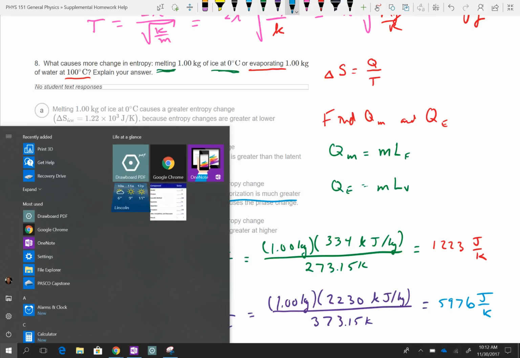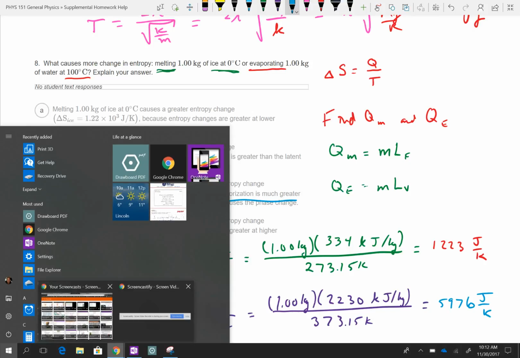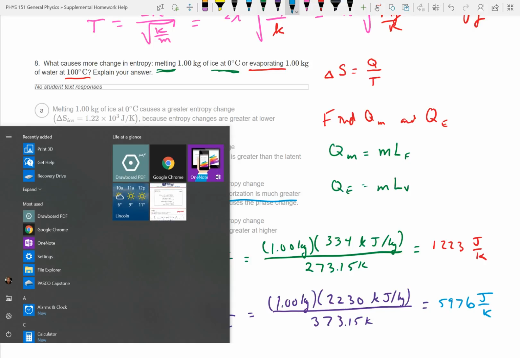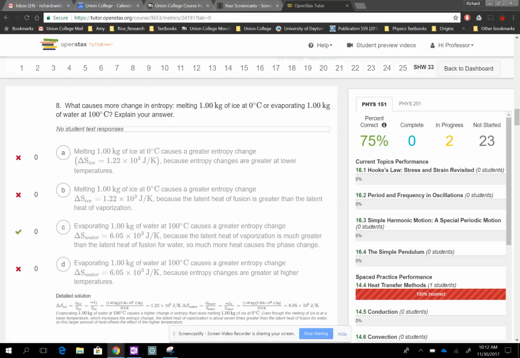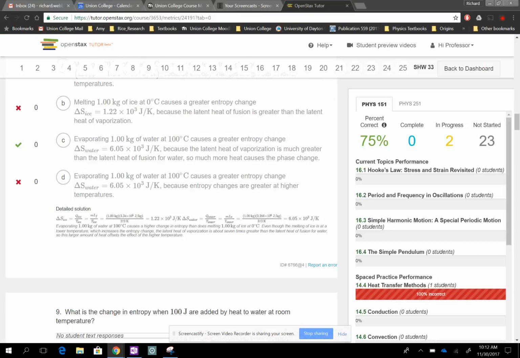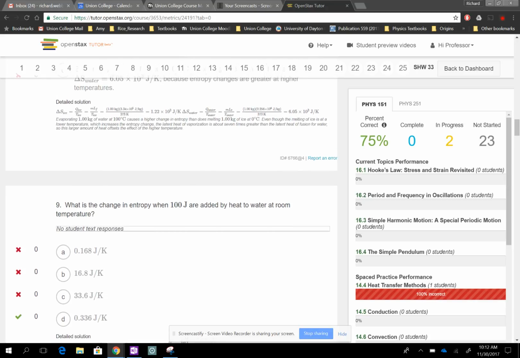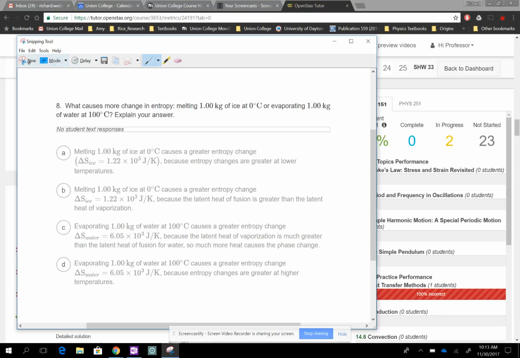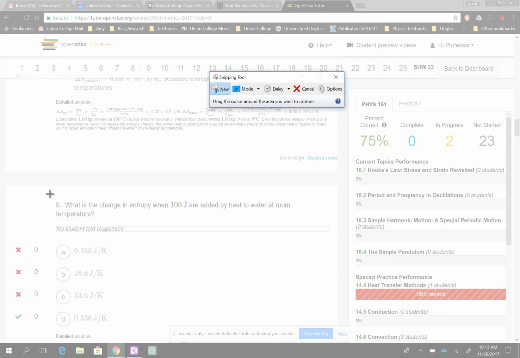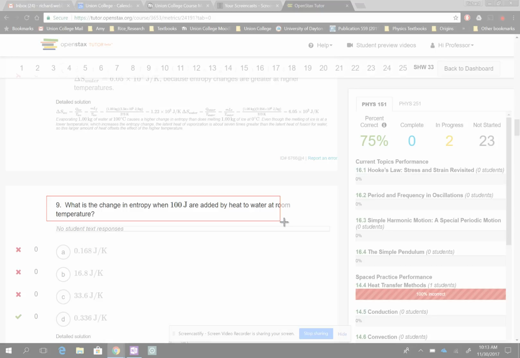So let's see what our next one is. What is the change in entropy when 100? Okay, so this one's going to be a quickie. We don't have that one.